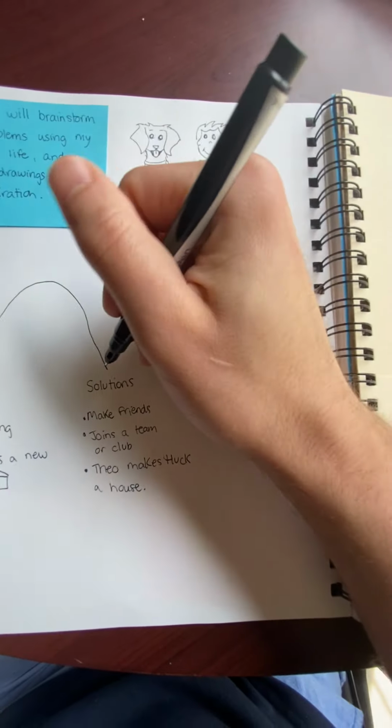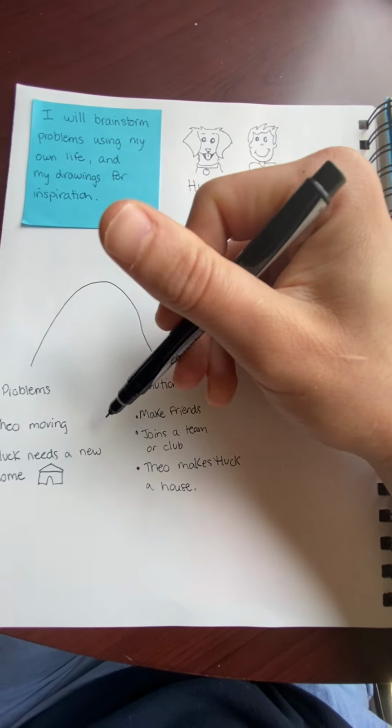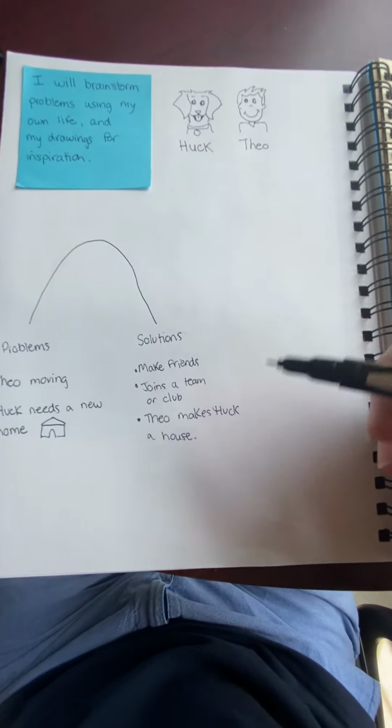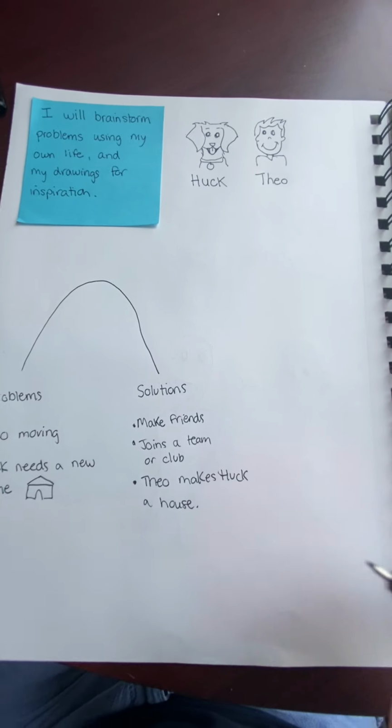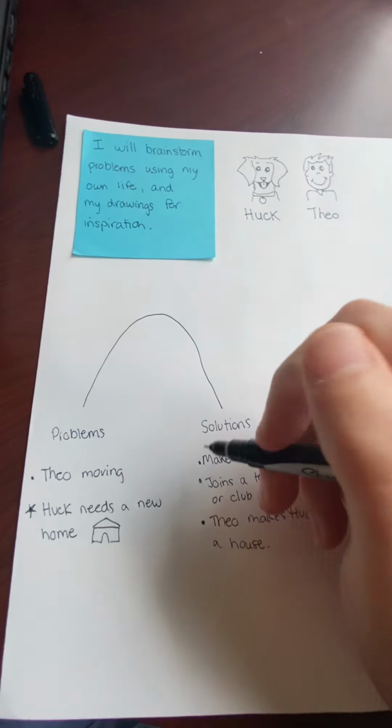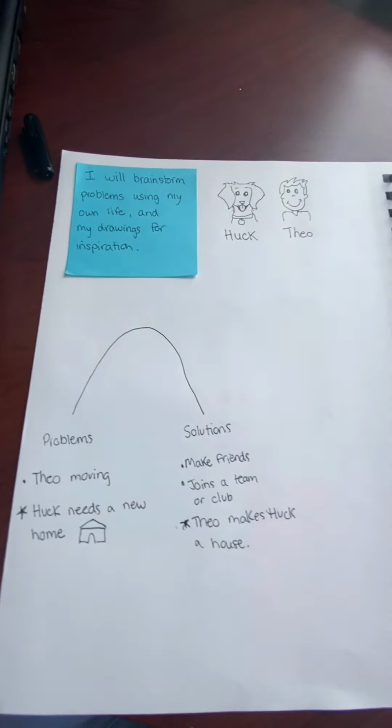And I'm thinking of the solution that makes the most sense if he needs a new home. I like the idea of Theo trying to make Huck a house, because as we said before, our characters are going to try to overcome this problem. So maybe as Theo's making this house, he's not successful right away, but he has to keep trying to resolve this. So I really like this idea.